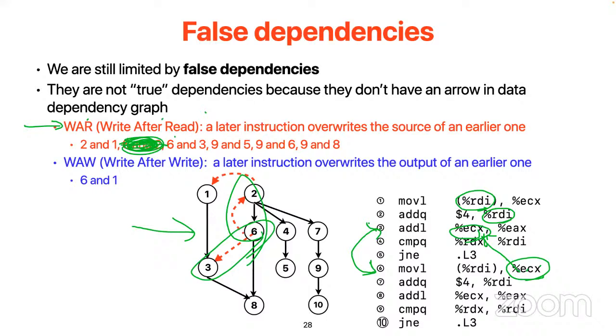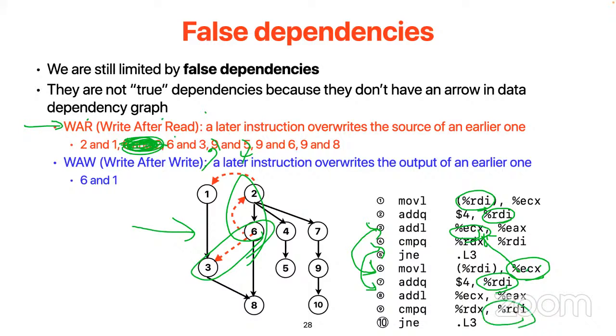Instruction 7 is overriding RDI, so if you reorder 7 and 4, it will affect correctness. The 8th instruction is overriding EAX, but that one has a true dependency.